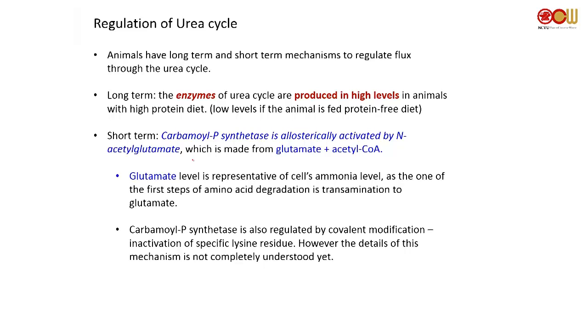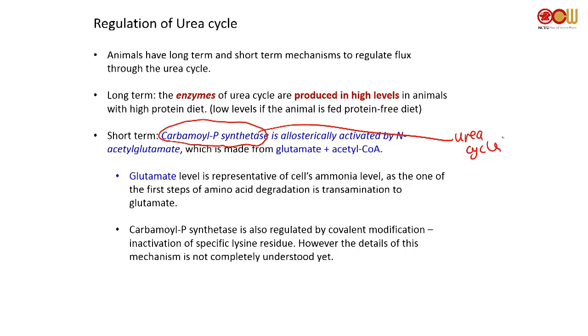Now, short-term wise, carbonyl phosphate synthetase is allosterically activated by N-acetylglutamate. If you have this, you have urea cycle, because it captures ammonia plus CO2.